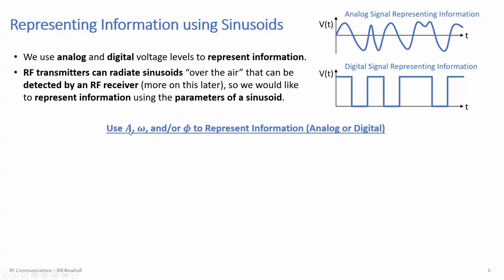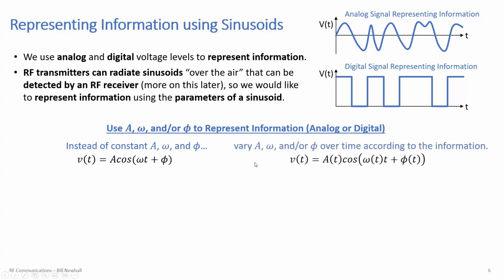So we're going to use amplitude, frequency, and/or phase, one or more of these together, to represent the analog or digital information. So instead of the sinusoid that I introduced, that has an amplitude, a frequency, and a phase, instead of that time domain waveform, we're going to vary the amplitude and/or frequency and/or phase over time according to the information.